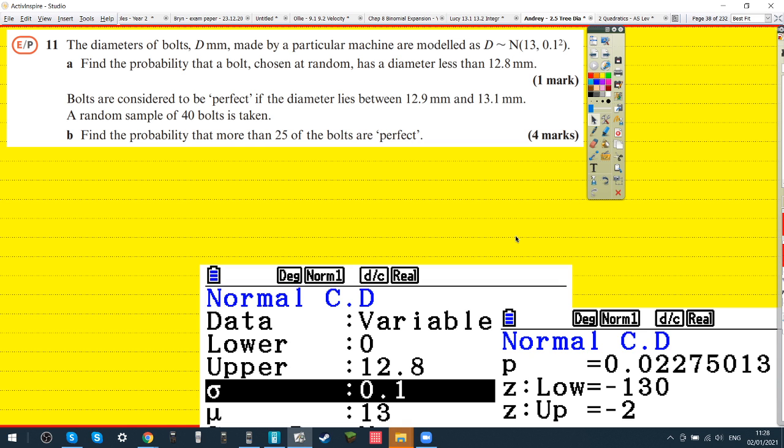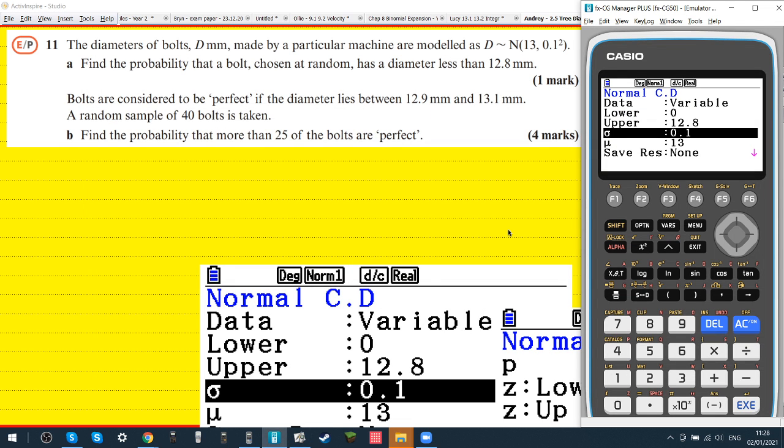What problem are you facing? I feel like I should have an extra option. What binomial did you go into? Cumulative.